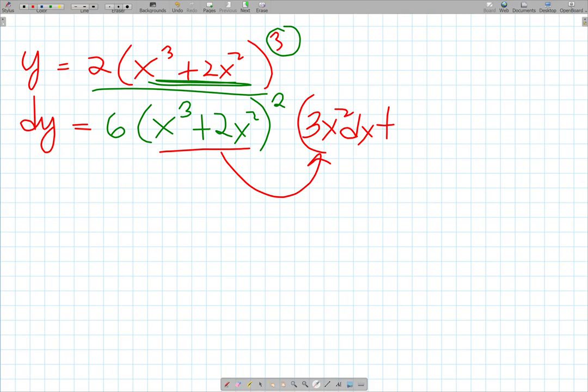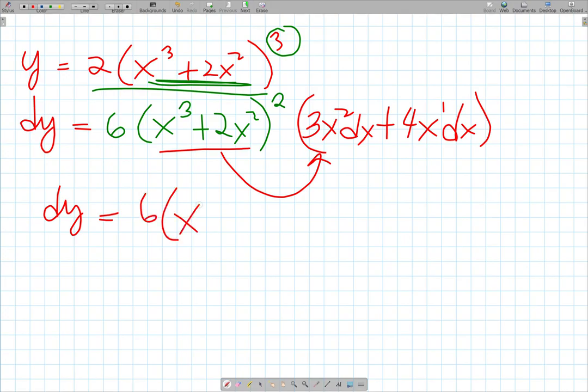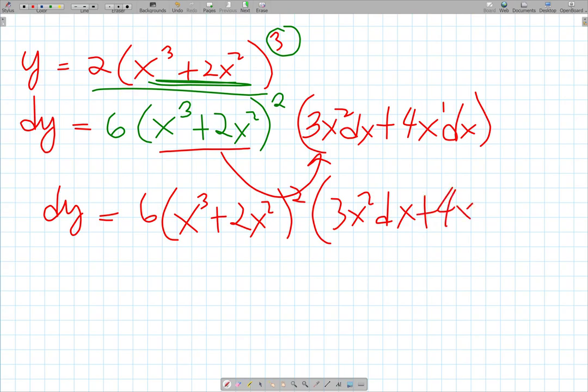So 2 times 2 is 4, and then x, 2 minus 1 is 1, and derivative of x is dx. Wala na tayong derive. Tapos na yan. So simplifying the given equation, this will be dy is equals to 6 times x cube plus 2x squared, then squared, times 3x squared dx plus 4x dx.